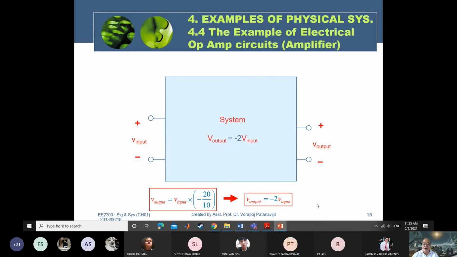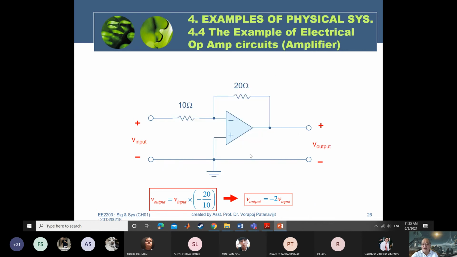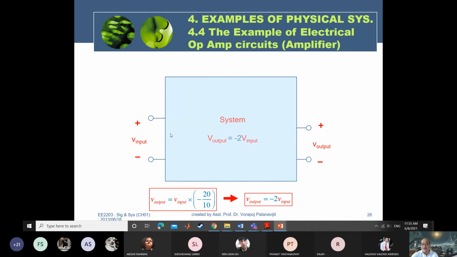From the engineering point of view, we don't want to see the diagram here. We would like to see the block. We don't care how many op-amps or resistors are in here. We only want to know the relationship between the output and the input. In this case, the output equals minus 2 times V input.